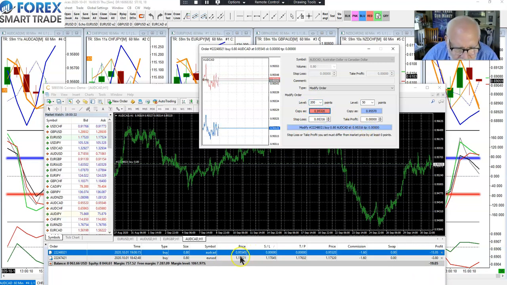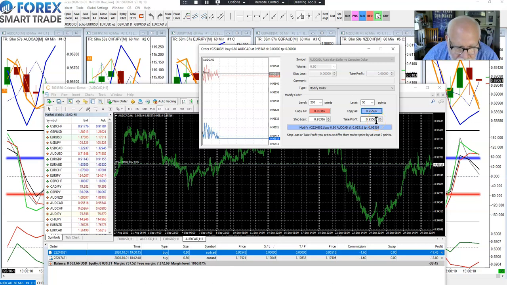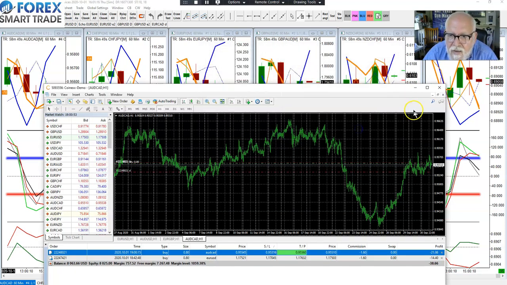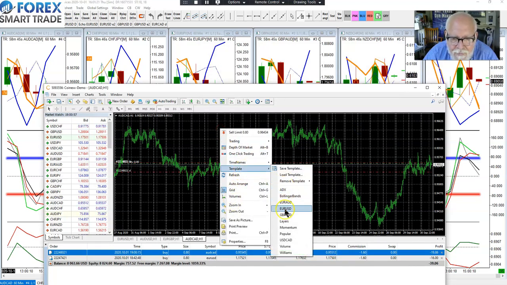I want to make sure we get the full 5 pips. So it's at 0.9554, so I'm going to go to 0.9595. And let's make this so that it's more readable.